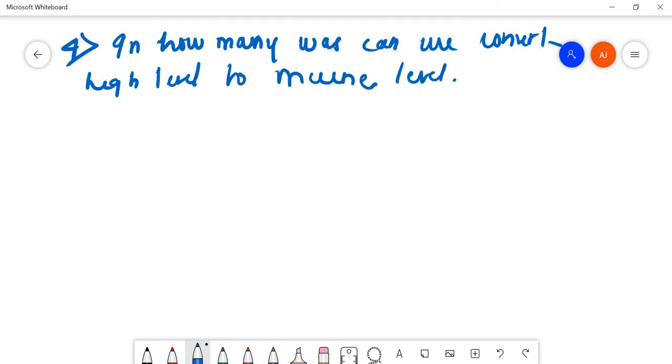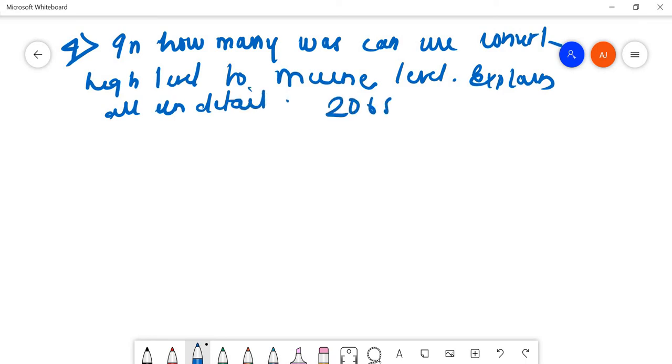It also says to explain all in detail. It has been asked in 2063 Push. So in how many ways?